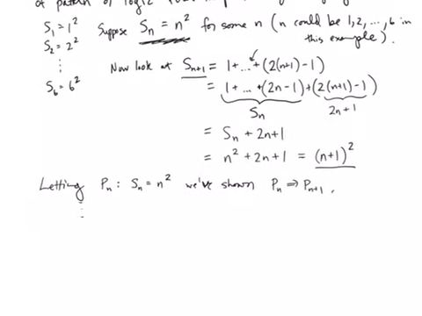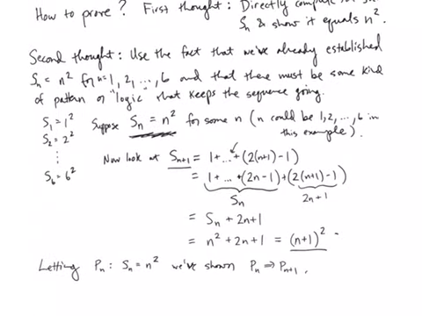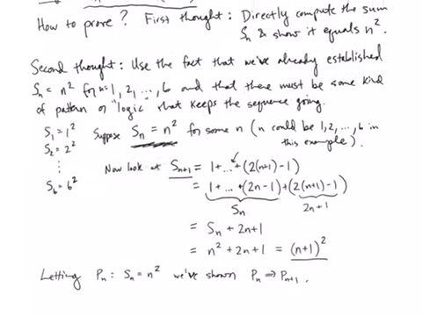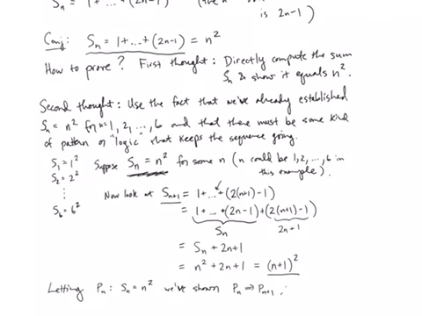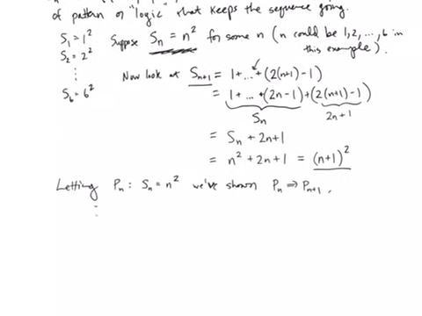And this allows us to show that all of the P_n's are true. So we're trying to show that this identity holds for all n. The conjecture here, just to be clear, is that this is true for all n in the natural numbers, and so we're just trying to show P_n for all n.